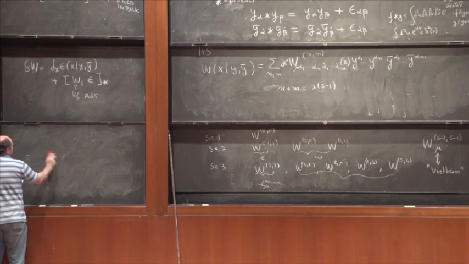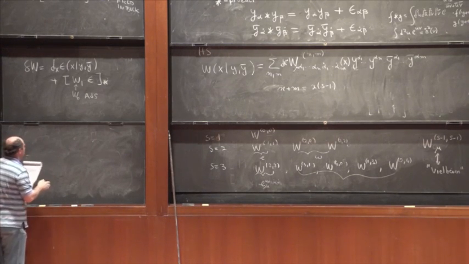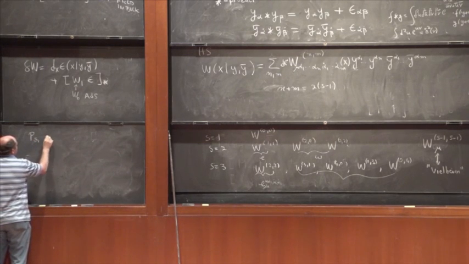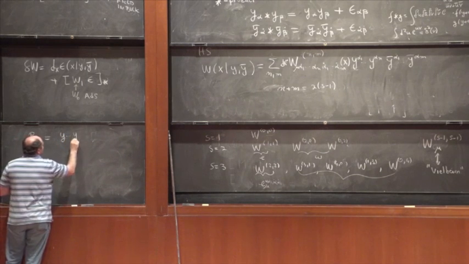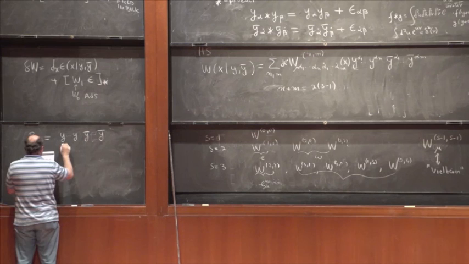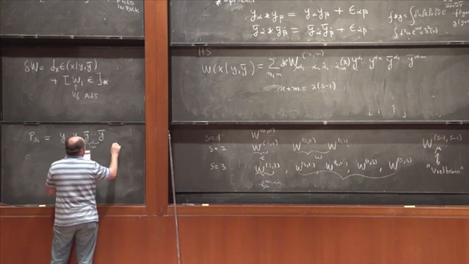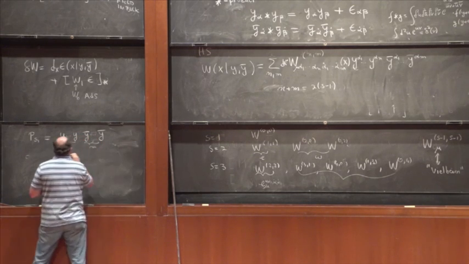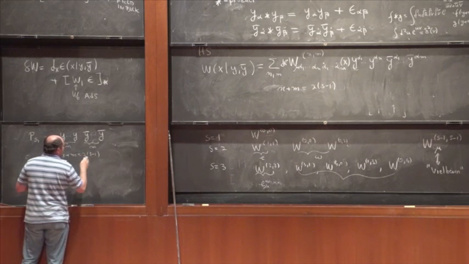So this higher spin algebra is the star algebra of these general functions of y and y bars. It can be generated by monomials. So for example, a term of spin s would be terms of this type, where n plus m equals s minus 1.